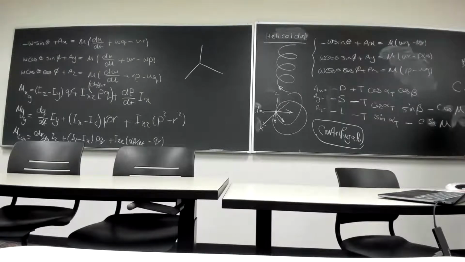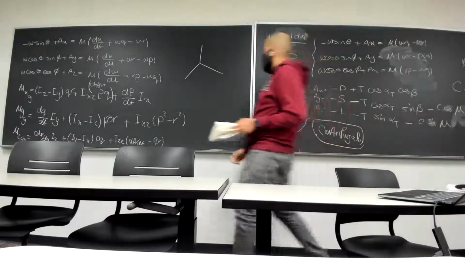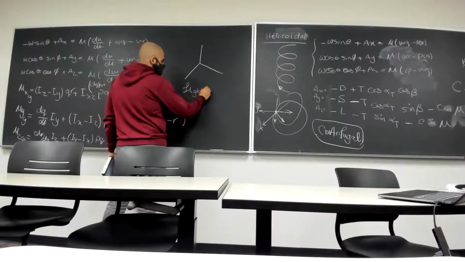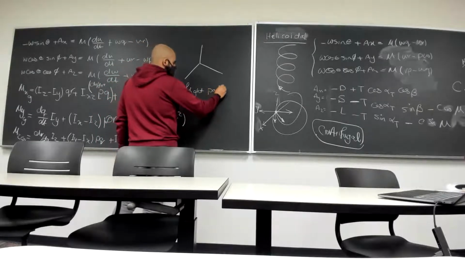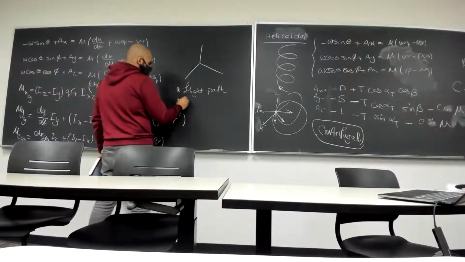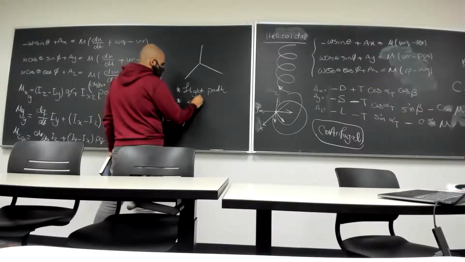So the angle mu is the angle between your flight path and the Earth surface.